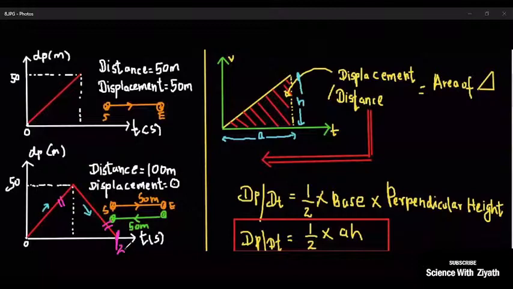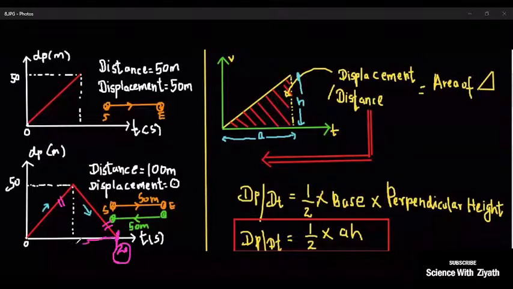For example, if you have this 20 meter, sorry, 20 second. If it's a 20 here, they will use this 20. This is the time axis where you should move.